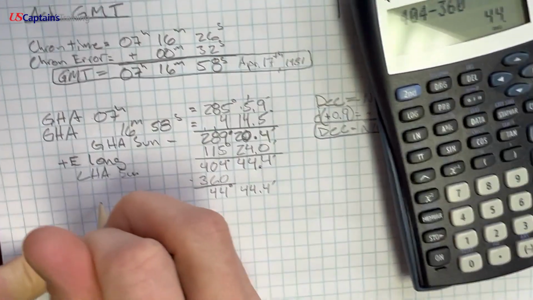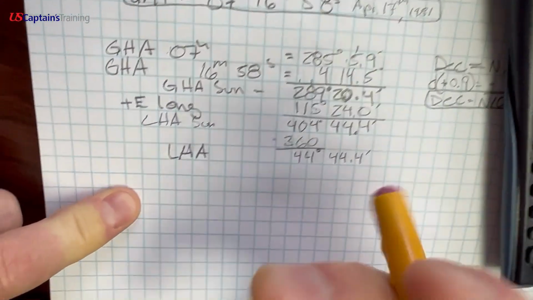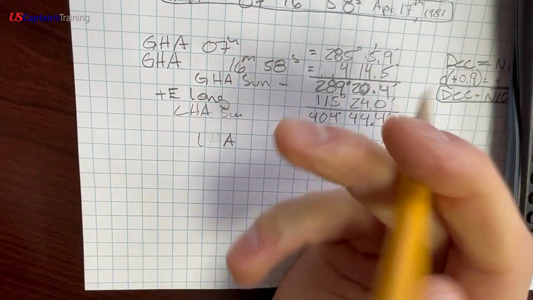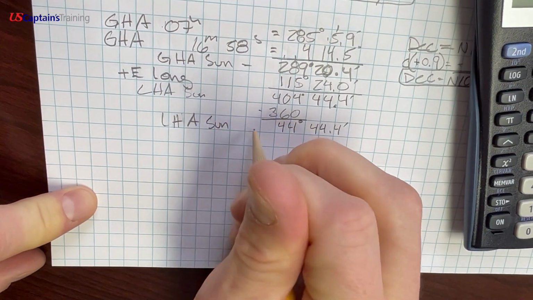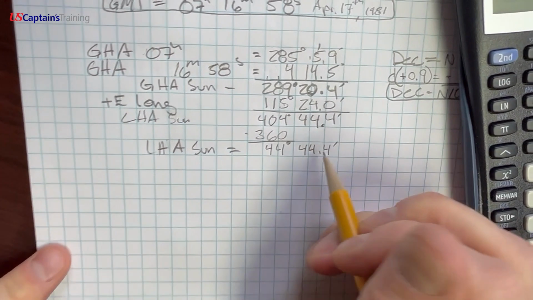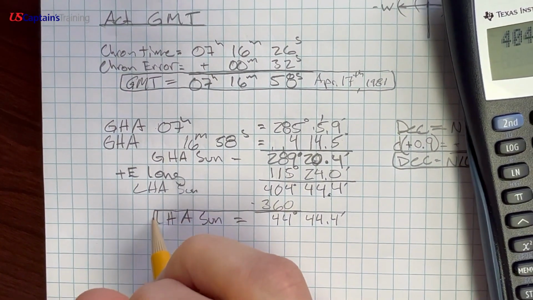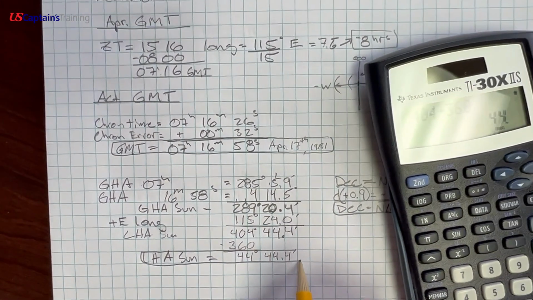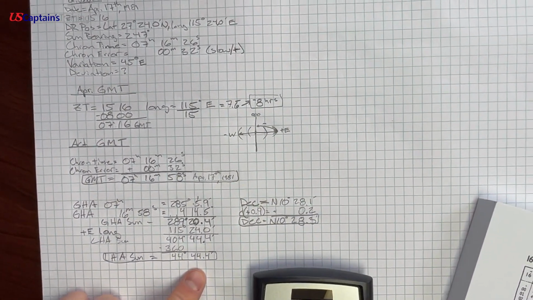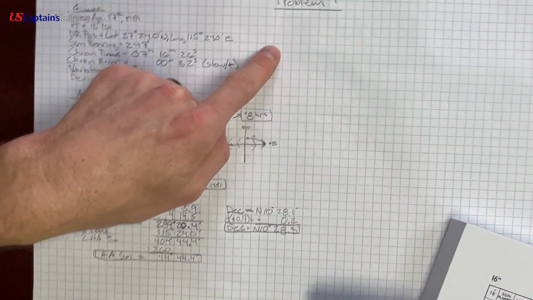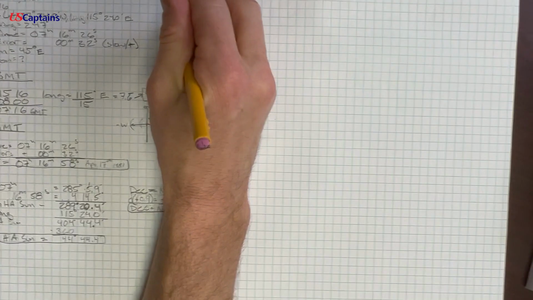Okay, so this is the LHA, local hour angle of the sun. LHA of the sun is equal to 44 degrees, 44.4 minutes.